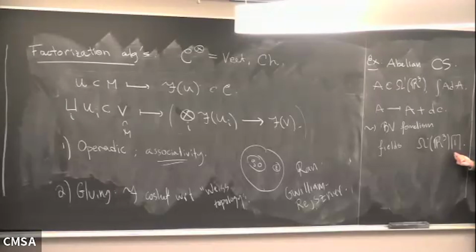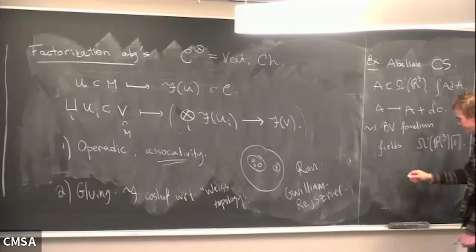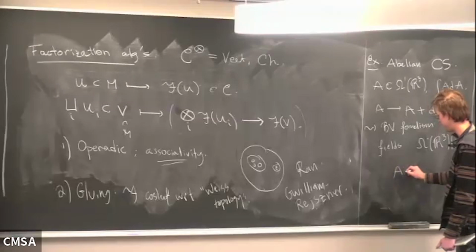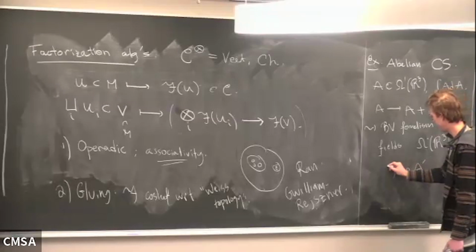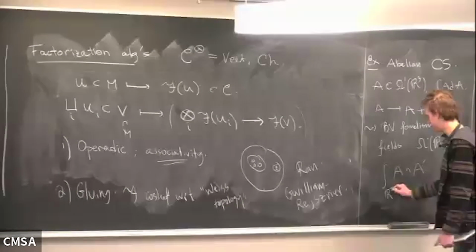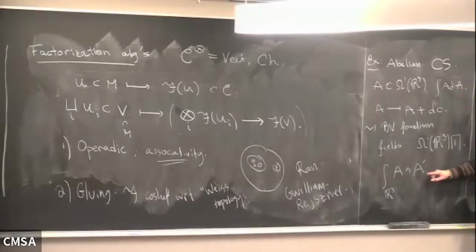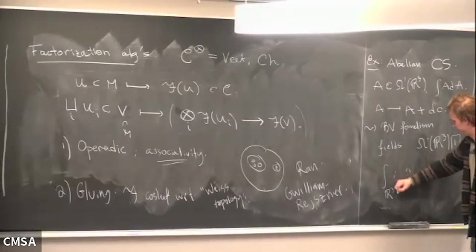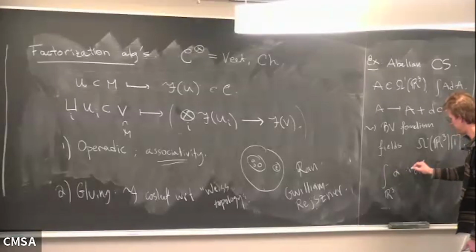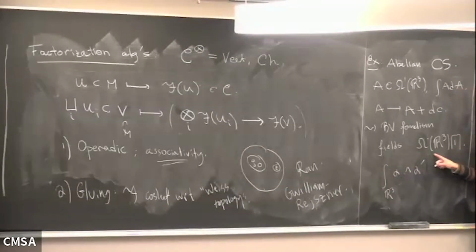I'm not writing this as a shifted cotangent bundle as I did before, but it does have a shifted symplectic structure, at least when you take into account these boundary conditions. That shifted symplectic structure is exactly the integral over R3 of α wedge α prime, where α are just elements inside of this cochain complex.